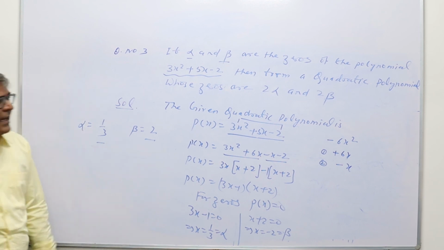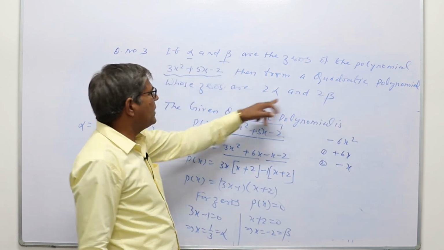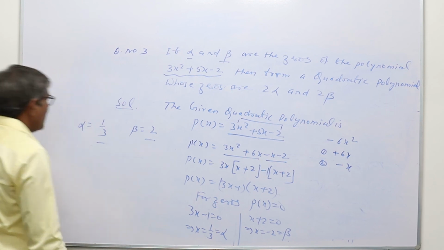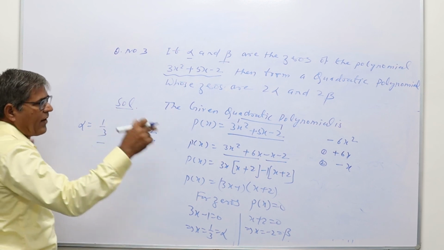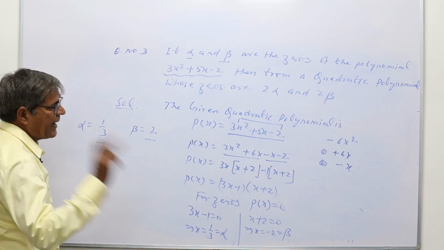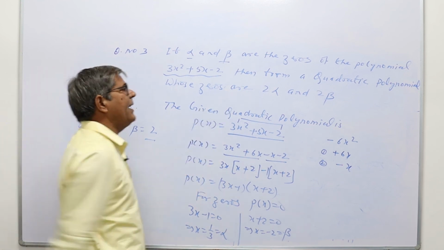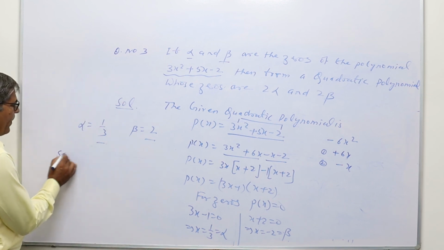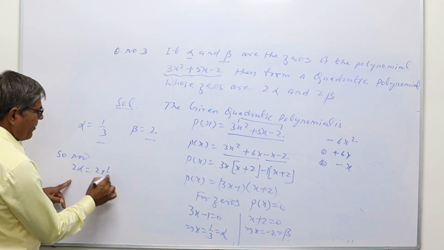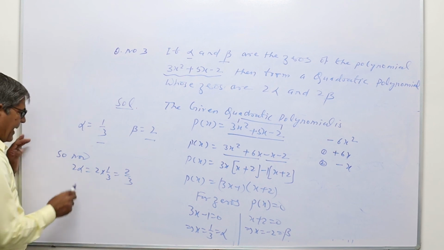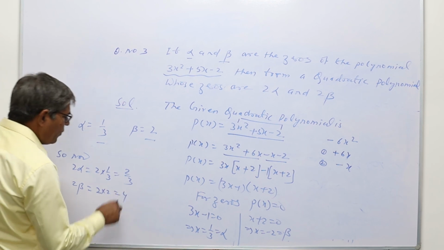Now read the question very carefully. Then form a quadratic polynomial whose zeros are 2 alpha and 2 beta. So now alpha is equal to 1 by 3 and beta is equal to minus 2. So to find the required quadratic polynomial, first of all we will find its zeros, and those zeros are 2 alpha and 2 beta. So now 2 alpha is equal to 2 into 1 by 3, that is 2 by 3, and 2 beta is equal to 2 into minus 2, that is equal to minus 4.